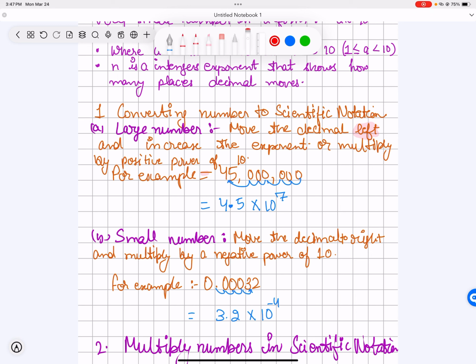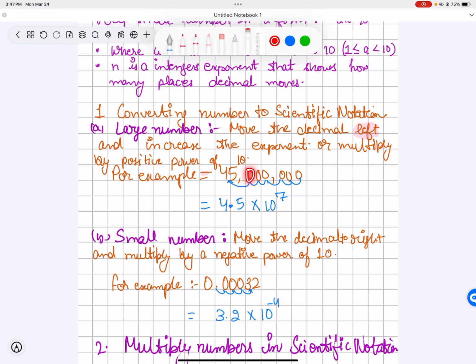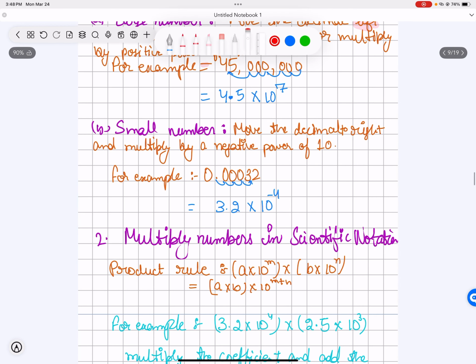For example, here we have 45,000,000, and it is 7 decimal places. So we're gonna write 4.5 times 10 to the power 7, because we moved the decimal 7 places to the left.